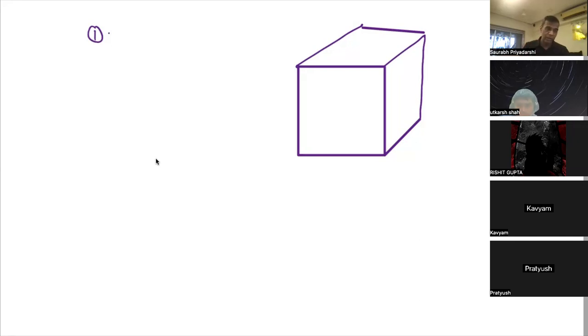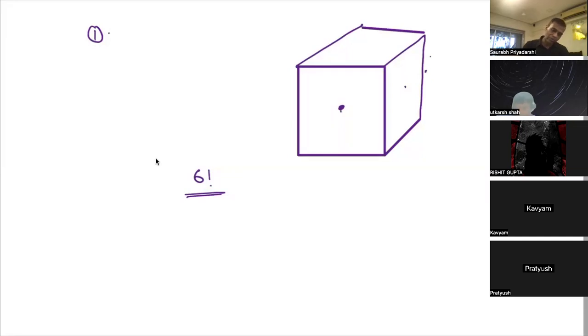Not bad. I hope everyone is understanding this. Exactly, factorial 6 is the total number of ways. But there are three pairs of opposite faces. If I select the first face, then the second face is the opposite one, and the rotation of the first and second will always be there.